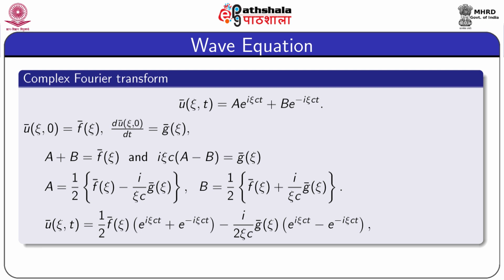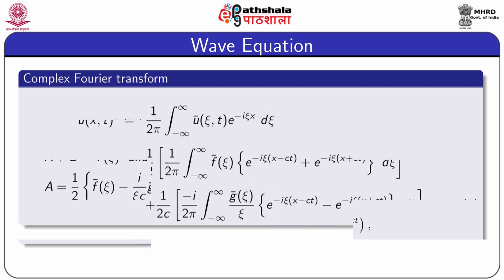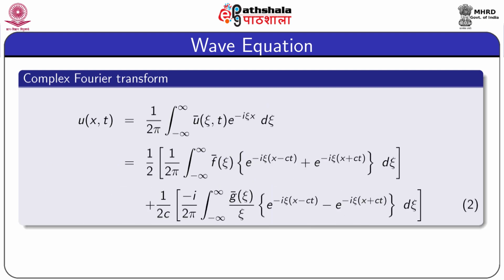We need to find the value of u as a function of x and t. To obtain u, this is the time to take the inverse Fourier transform of ū. So u is equal to 1/2π integral from minus infinity to plus infinity of ū(ξ, t) e^(−iξx) dξ.